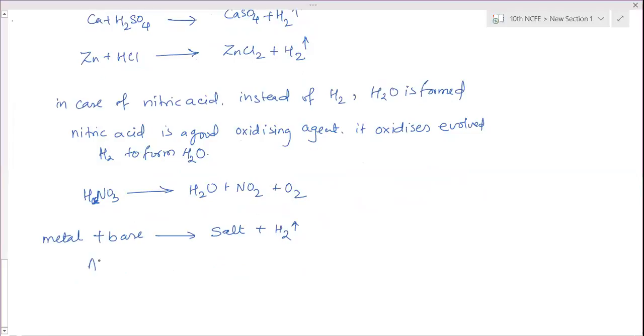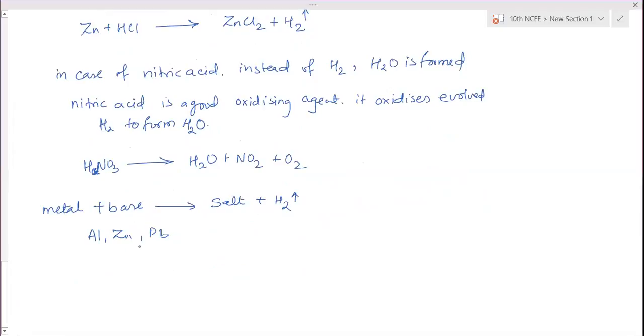Aluminium, zinc, and lead react with base to form salt and hydrogen gas. So aluminium reacts with NaOH. It will form sodium aluminate, formula NaAlO2, plus hydrogen gas.